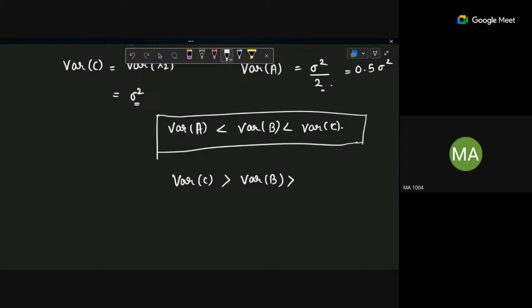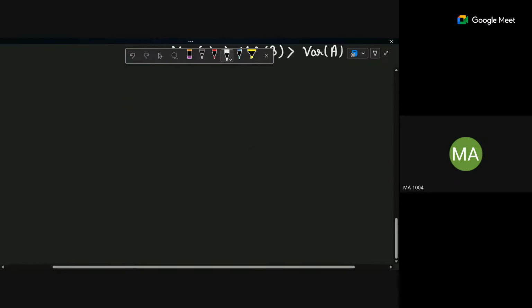Do you agree? Are both of these equal? Yes, ma'am. So both are the same. So in the given options, option 1 was similar to this, so we'll take this one. Okay, so any doubt for this particular one?